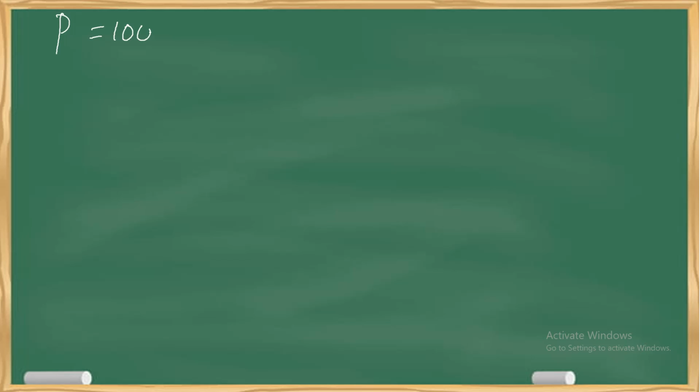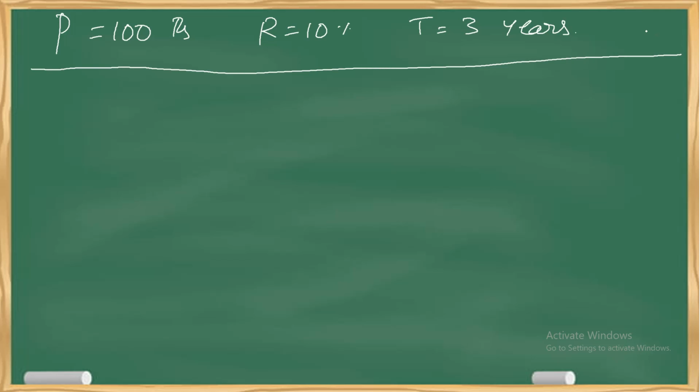P is equal to 100 rupees, R is equal to 10% and T is equal to 3 years. I'll take the basic formula of interest, that is PTR by 100.